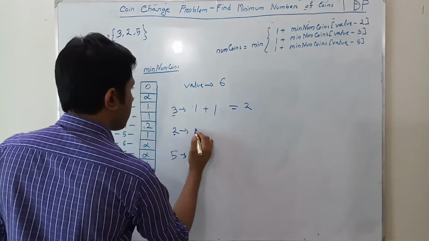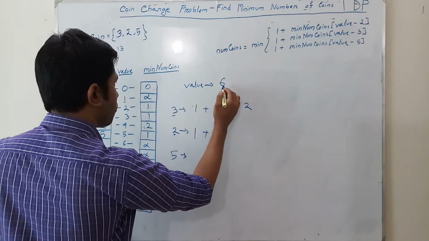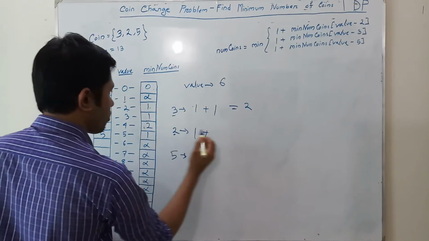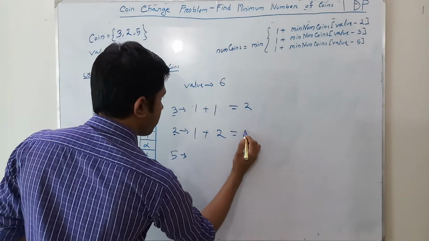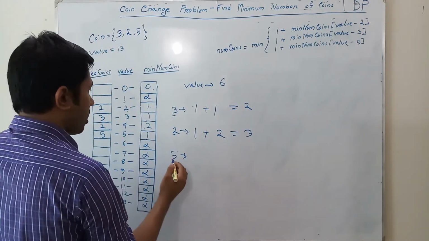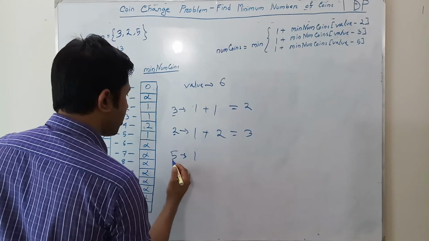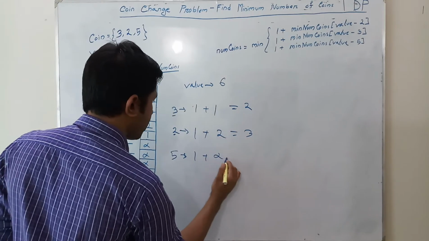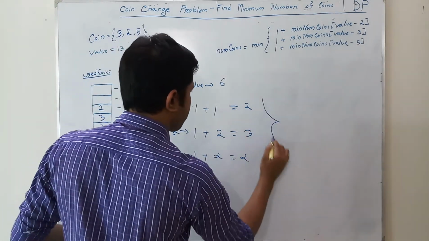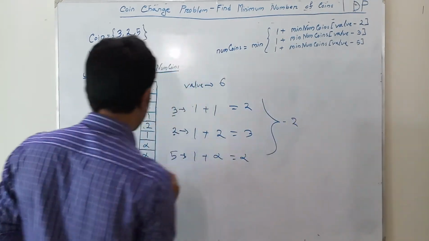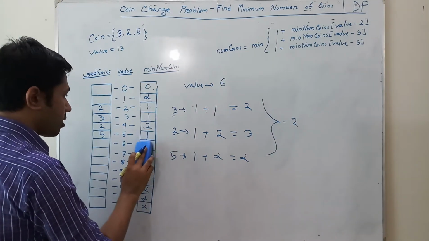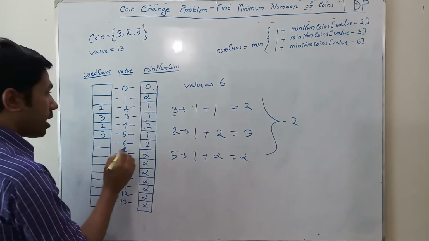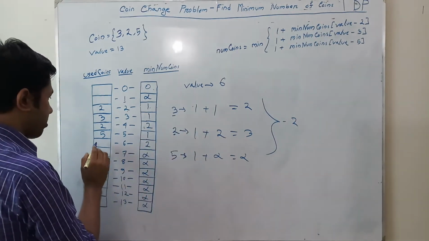Equal to, after using 2, we have remaining value 4, and for 4 the minimum number of coins we need is 2, so the value will be here 3. After using the value 5, remaining value is 1, and 1 is infinite. Here the minimum value is 2, so the number of minimum coins we need to make 6 is 2, and we have used the value here 3.